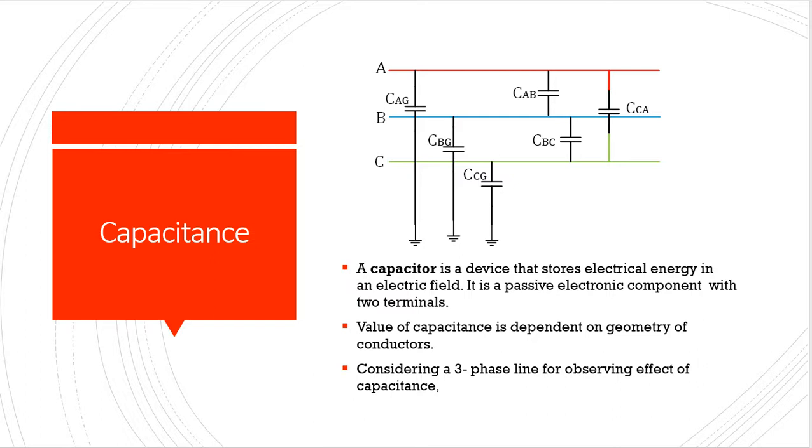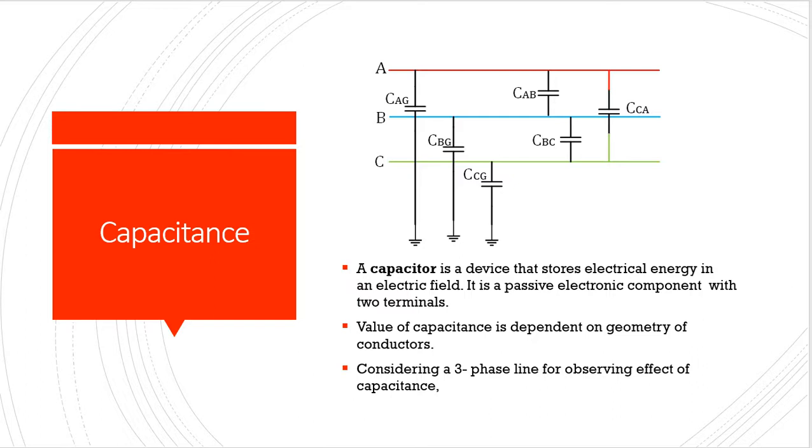The capacitor which is responsible for grounding line A is called CAG. The capacitor which is responsible for grounding line B is called CBG, and likewise the third one will be represented as CCG, right? Likewise, the capacitor between line A and line B is called CAB.